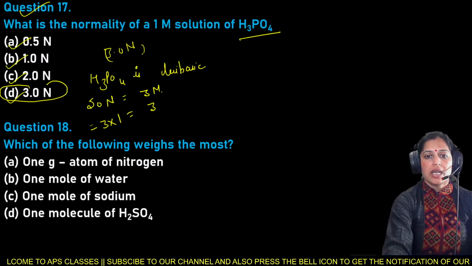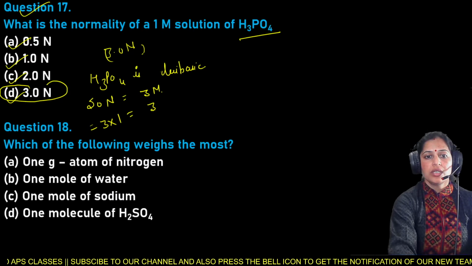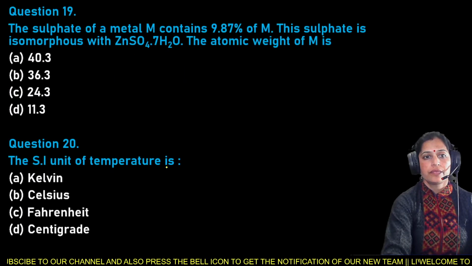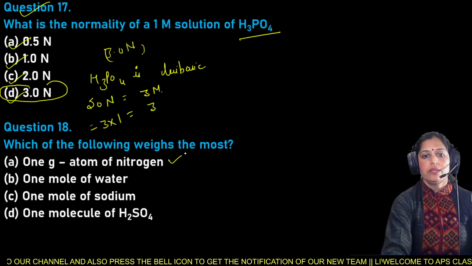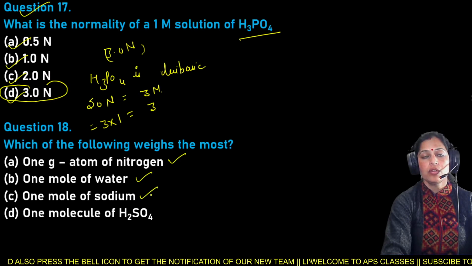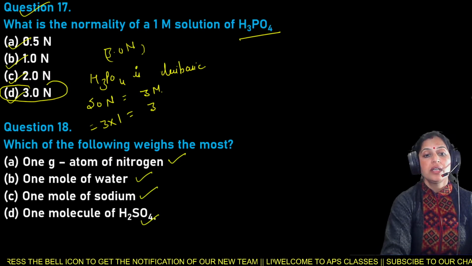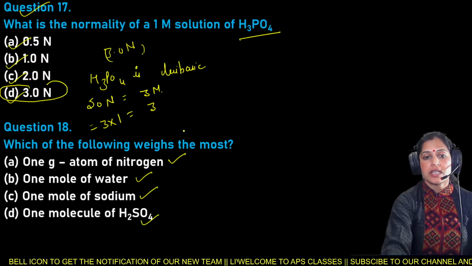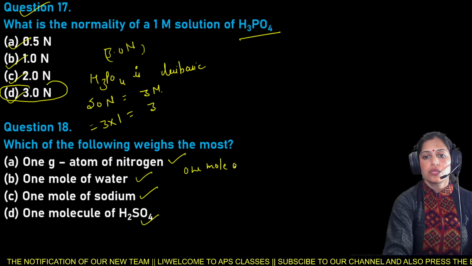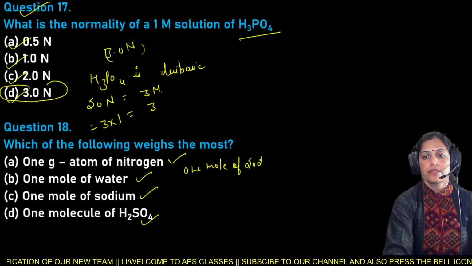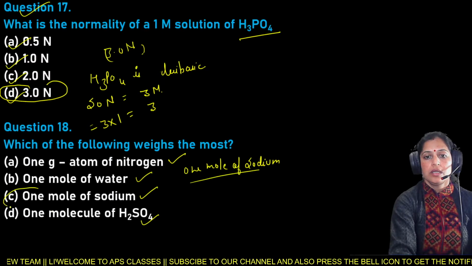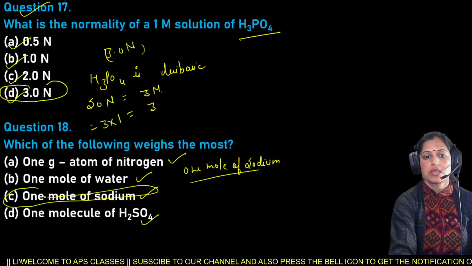That is 1 gram atom of nitrogen, 1 mole of water, 1 mole of sodium, and 1 molecule of sulfuric acid. So 1 mole of sodium weighs the most.